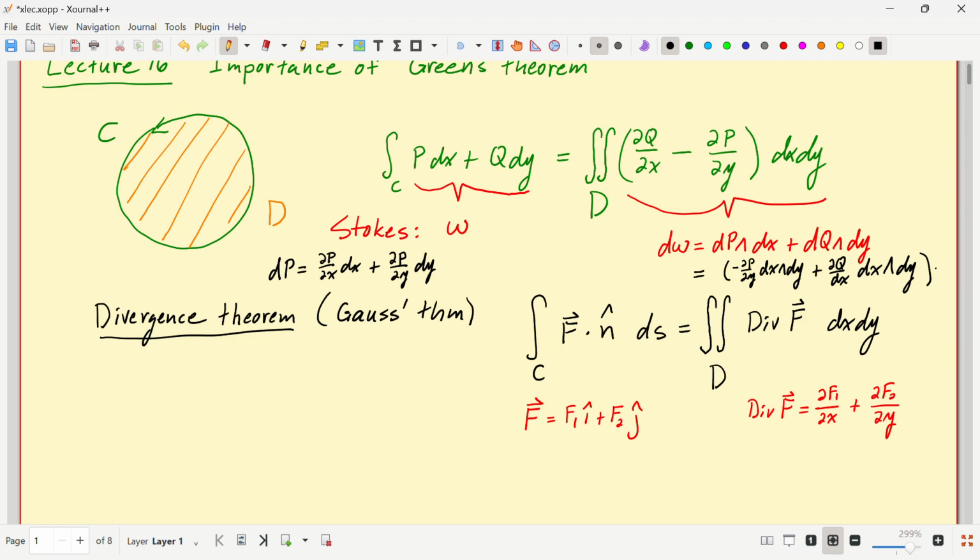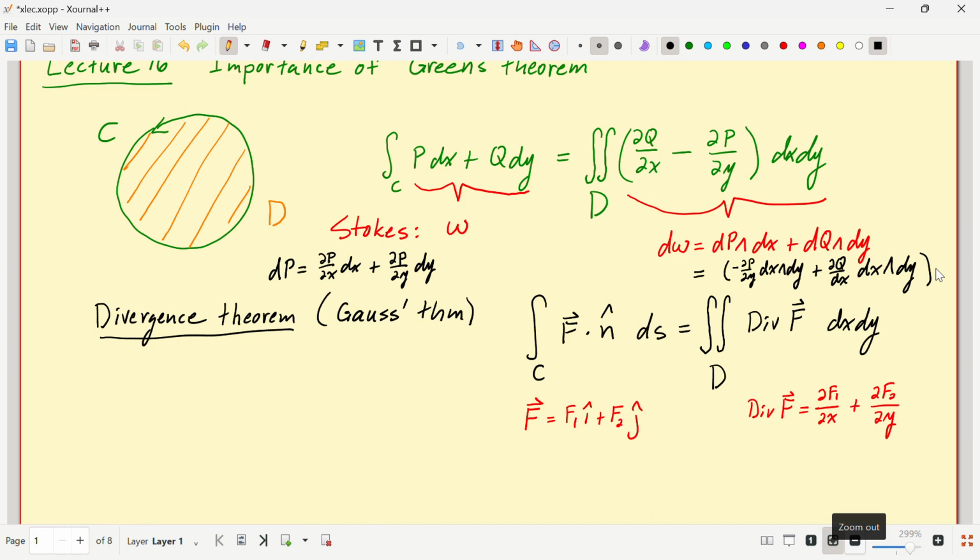So if you know how to compute with differential forms, which you'll probably learn in a differential geometry class someday, Green's theorem just falls right out from Stokes. And Stokes is a beautiful, easy thing to remember because it's just the integral around the outside of a differential one form is the integral over the inside of dW, which is a differential two form, and so it's expressed in terms of the element of area.